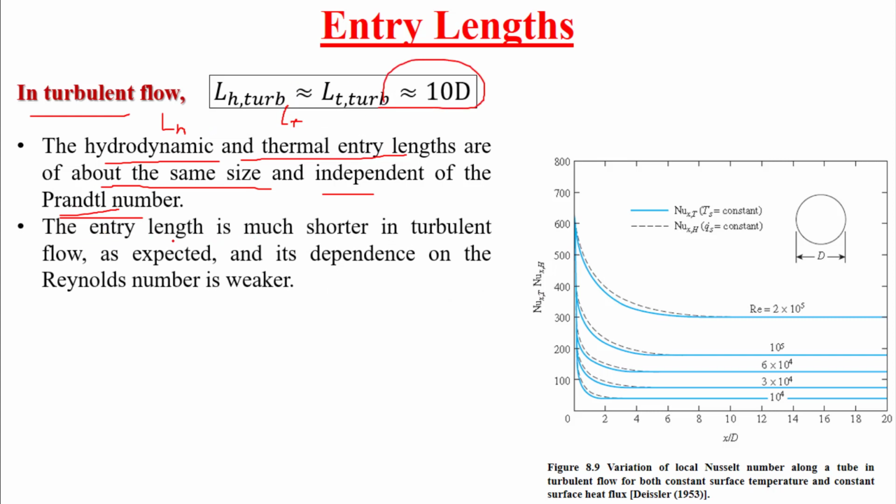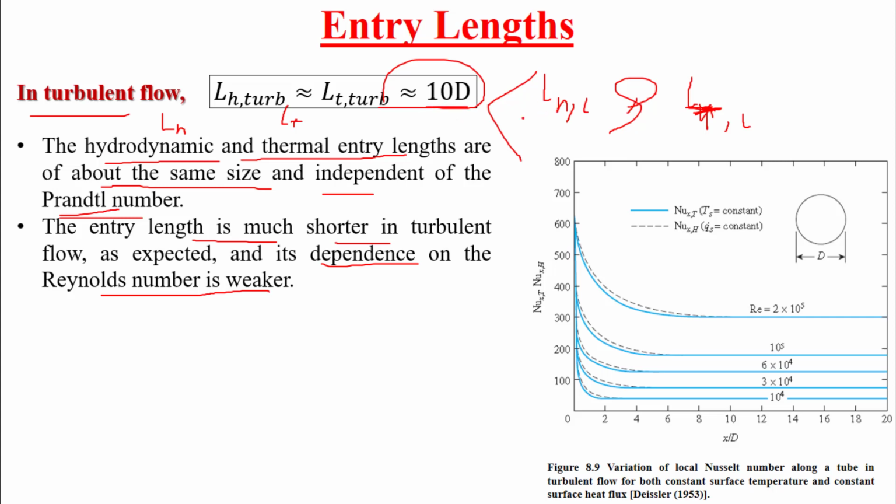Okay, the entry length is much shorter in turbulent flow. Shorter than what? Than the LH laminar and LT thermal laminar. Okay, so it is much shorter, and its dependence on the Reynolds number is weaker. So this is a fact. Why? You can compare even the equations.